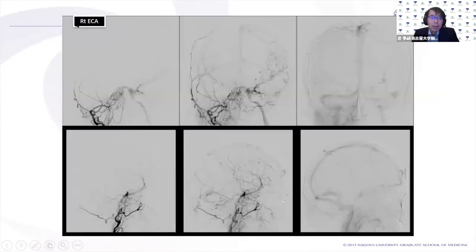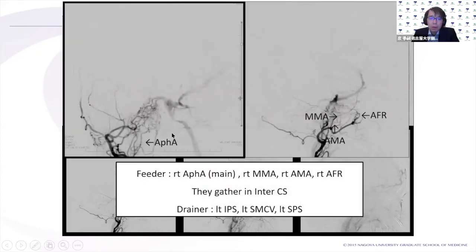And here is the DSA, right ECA, AP view and lateral view. The feeders: the right ascending pharyngeal artery is the main feeder, and the right MMA, right accessory meningeal artery and artery of foramen rotundum gather into the cavernous sinus, here in lateral view, and here in AP view.